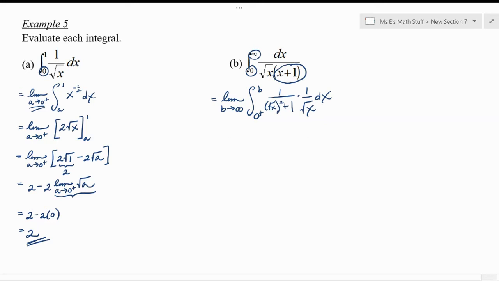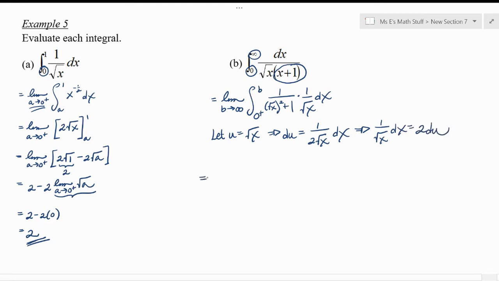So from here, if I was to let u equal the square root of x, then my du would be 1 over 2 square root x dx. Maybe now, if you weren't sure what I was up to a second ago, you can see it. So 1 over square root x dx is equal to 2 du.